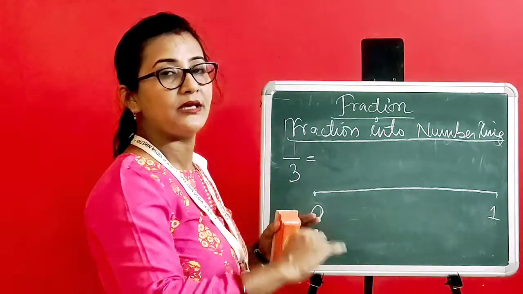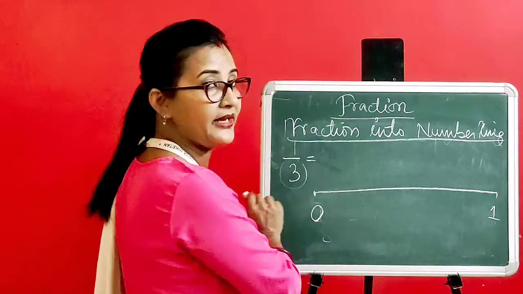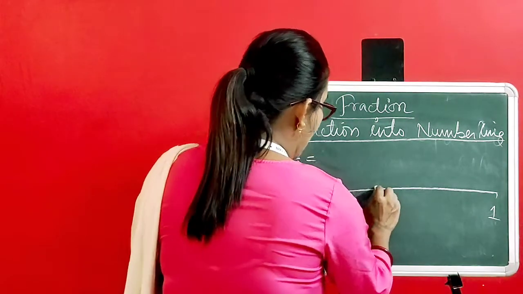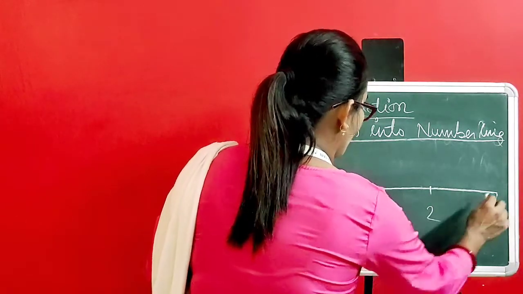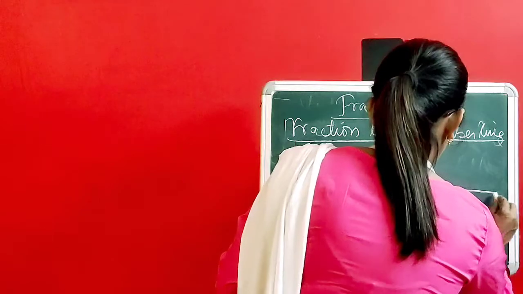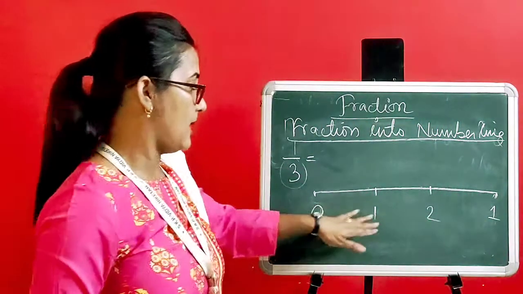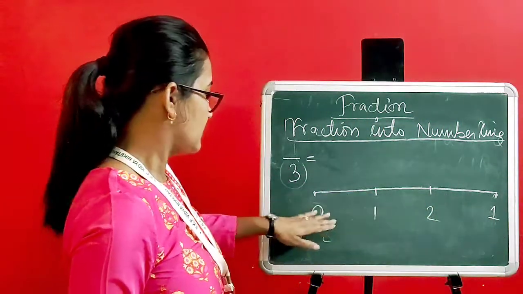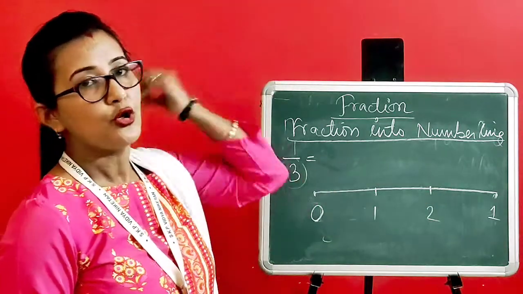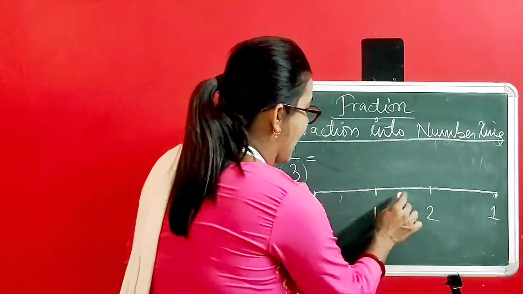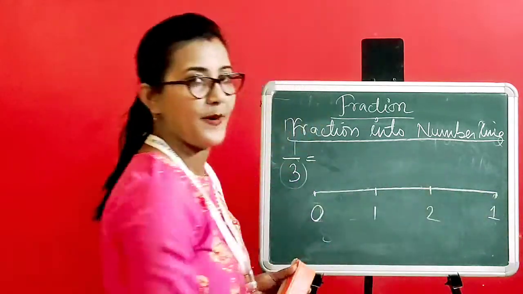Since the denominator is 3, we divide it into 3 equal parts: this is one part, 2 parts and 3 parts.